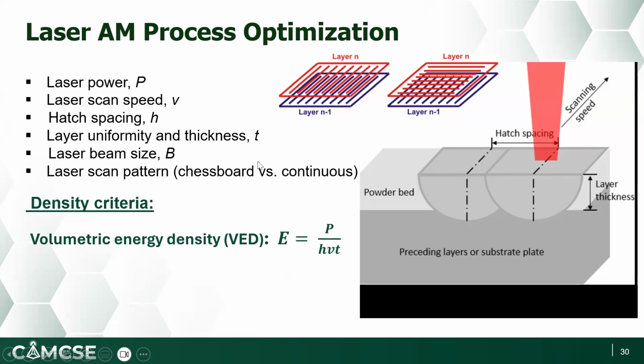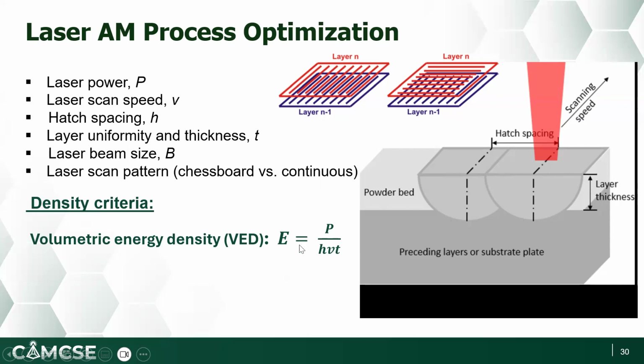In this case, people have developed a very useful criterion, the so-called density criterion. The volumetric energy density is defined as E equals the laser power divided by the volume of the melt pool, which is given by the laser scan speed times the hatch spacing times the layer thickness.